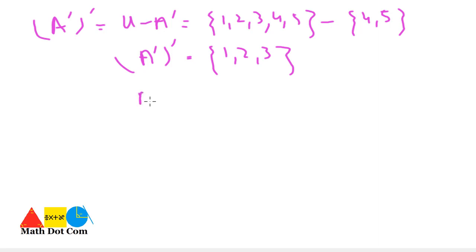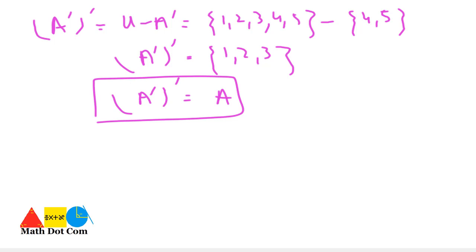Yes, so this is: the complement of A complement is equal to A. Hence proved that when you take the double complement of a set, it will give you the set itself. Hence proved.